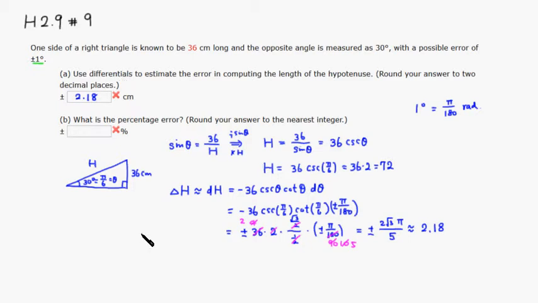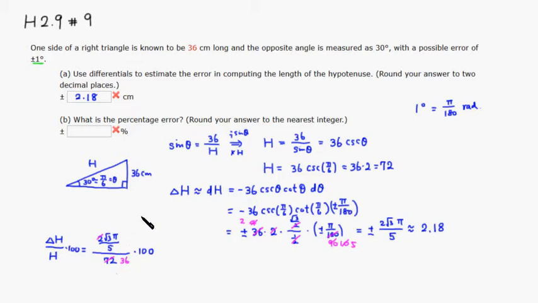What is the percentage error? So we have to find a percentage error. You have 2 square root of 3 pi over 5 divided by h, since we're looking at the percentage error, and multiply by 100. We found h to be 72, so divide by 72 and multiply by 100. Let's simplify a bit before we compute. 2 and 72, that's 36.